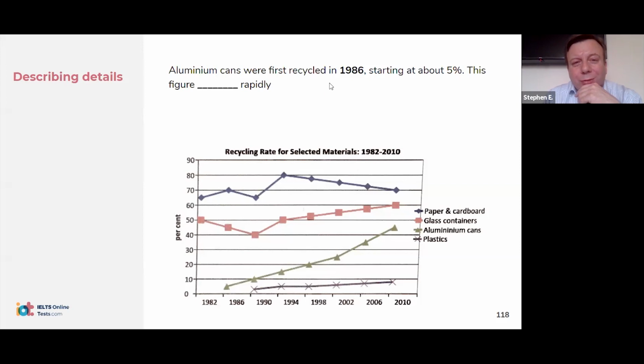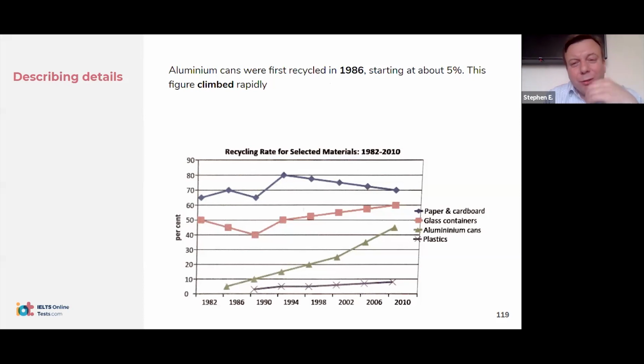And then this figure, something rapidly. Good. Just be careful with your word forms. So, climbed rapidly. Okay, good.